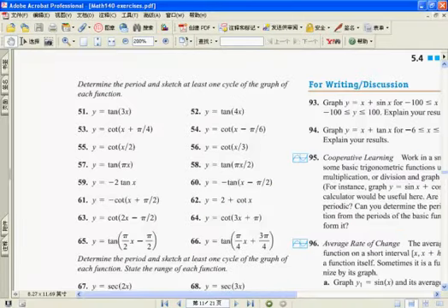Now let's look at problem 51. Determine the period of this function and sketch at least one cycle of this graph. It's page 475, problem 51. We have the function y equals tangent of 3x.